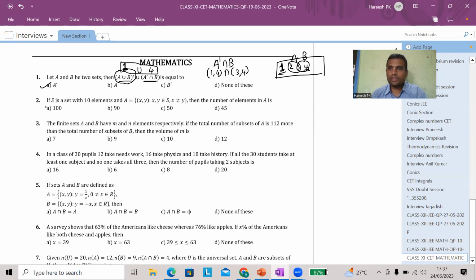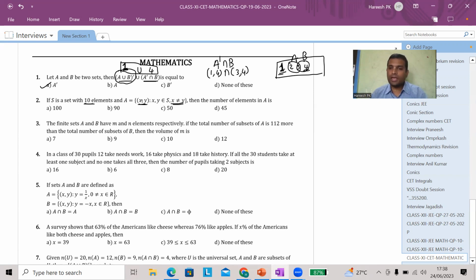The second question is again a very, very easy one, provided you understand what they're meaning here. Set S contains 10 elements. Okay. And A is a set containing (x, y) such that x is not equal to y.